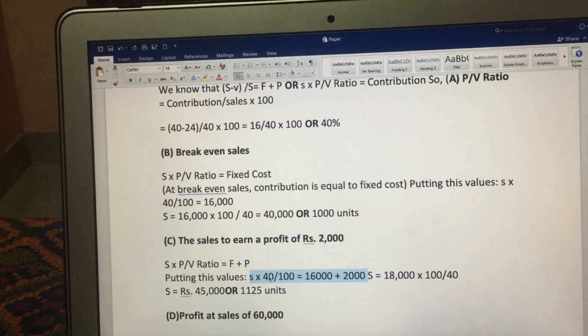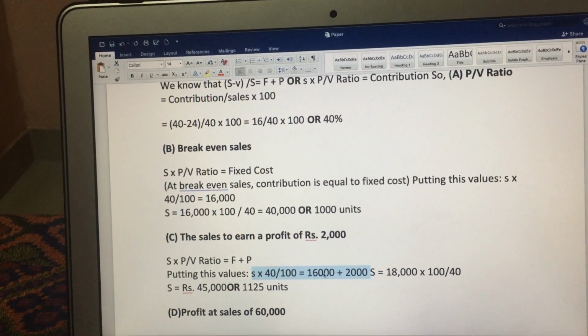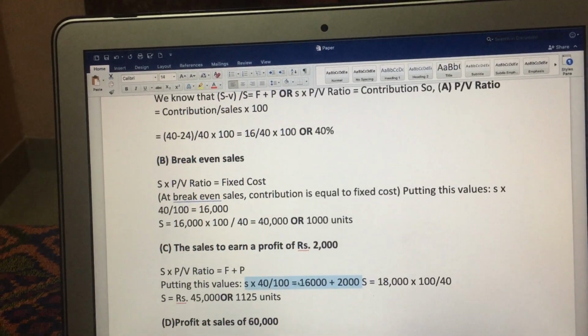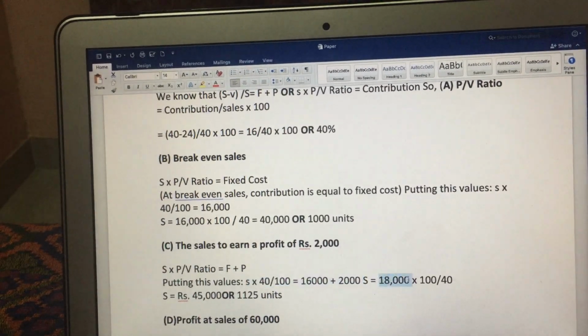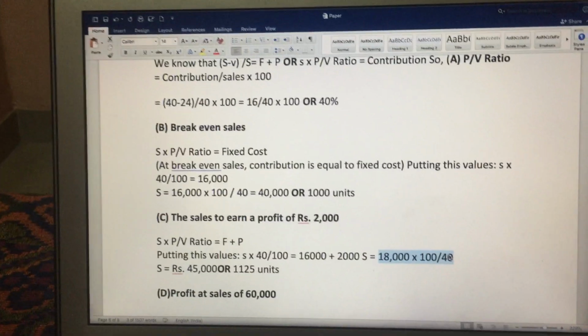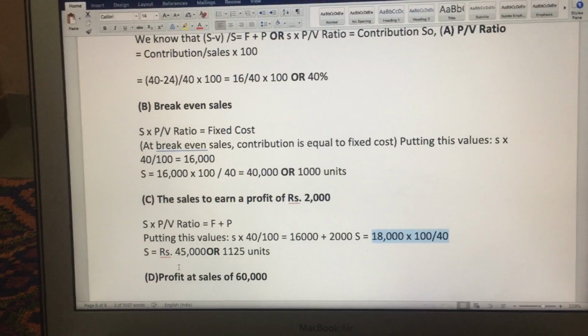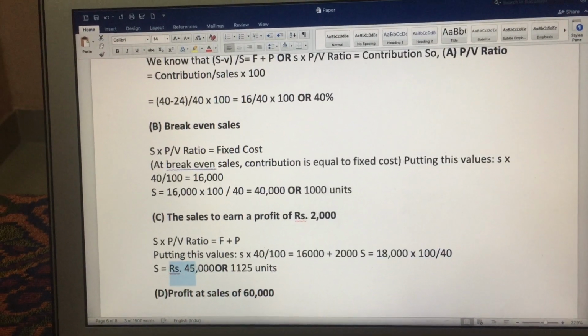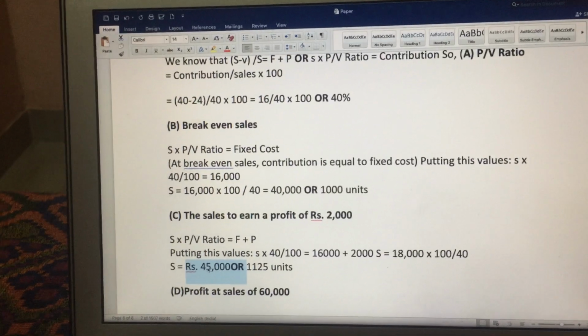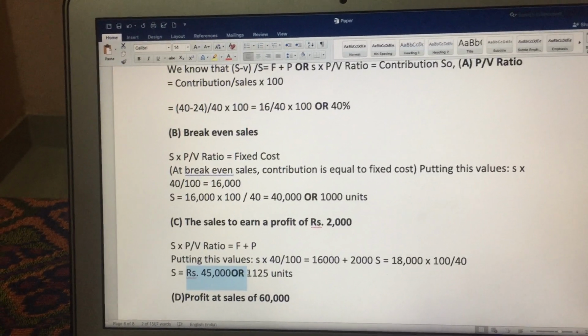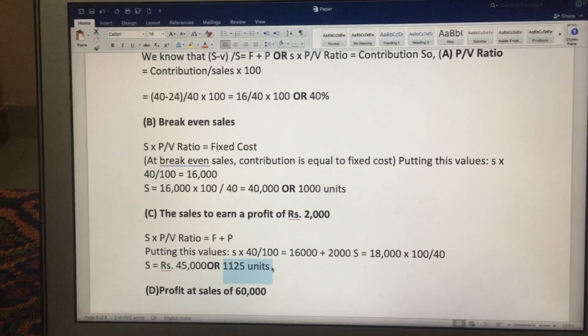So 16 plus 2 will give you 18,000. Sales is equal to 18,000 into 100 by 40, which will give you rupees 45,000, and in units, 45,000 divided by 40 will give you 1125 units.